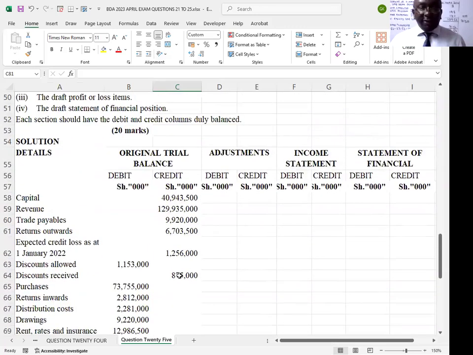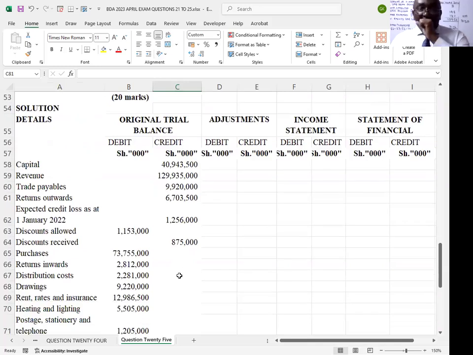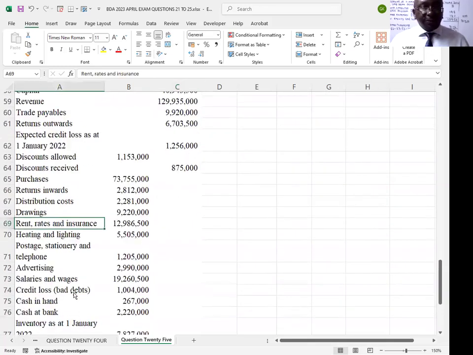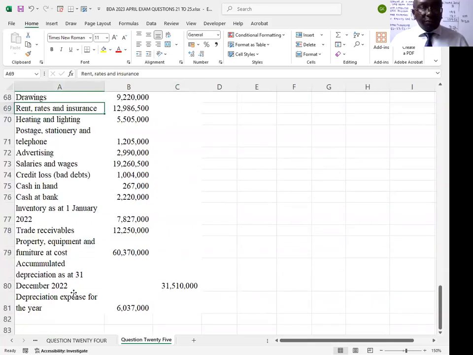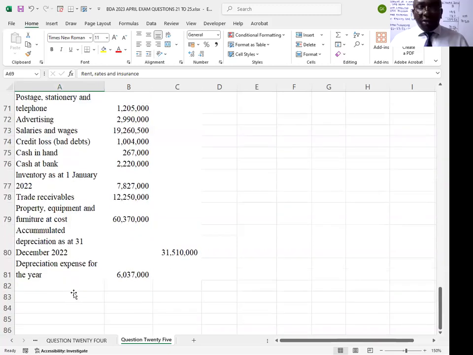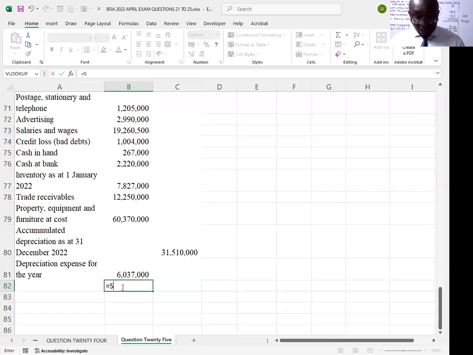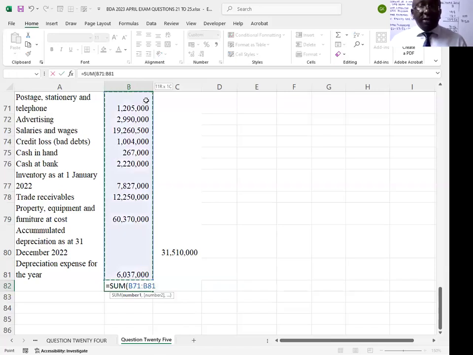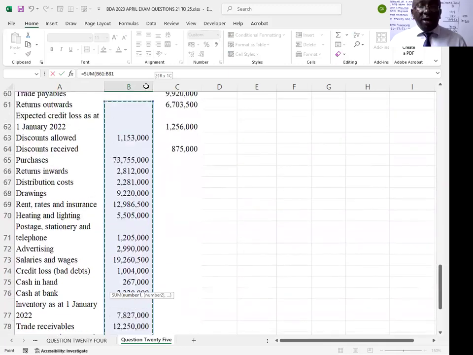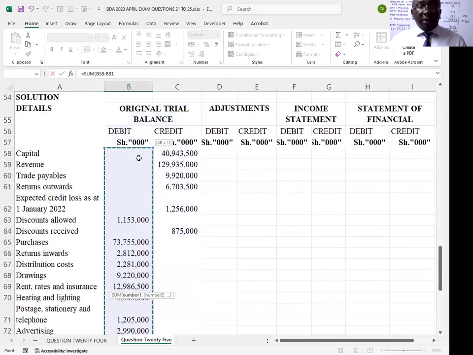Preparation of a trial balance. Any question? Let's come here and see whether it will balance. You say equals sum. You pick from here, you add all the way up to here.